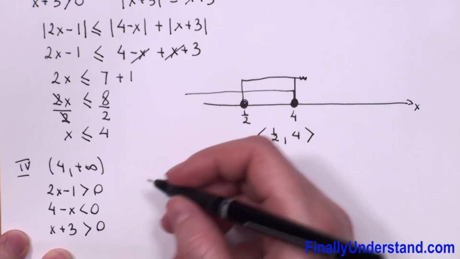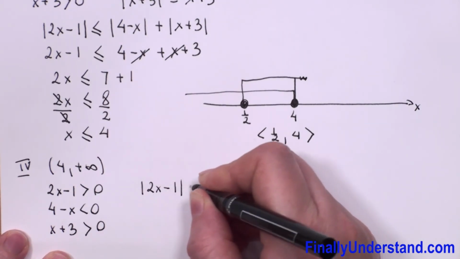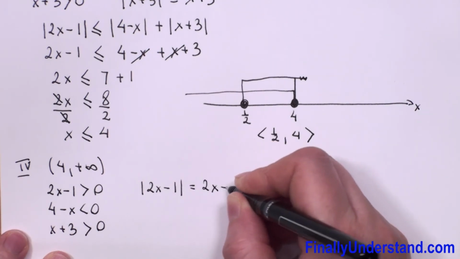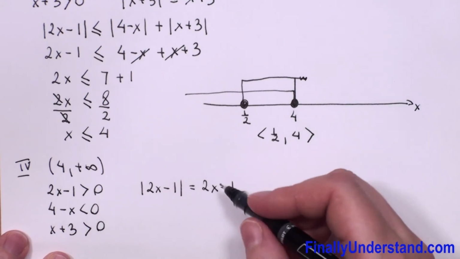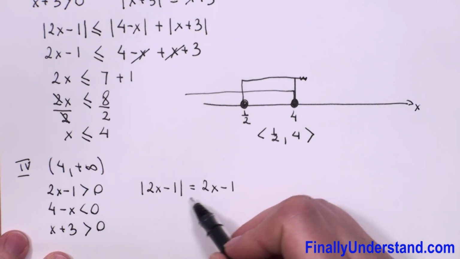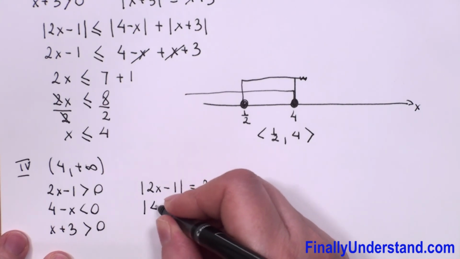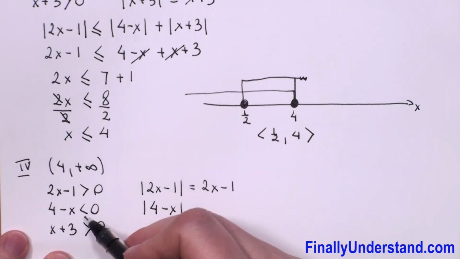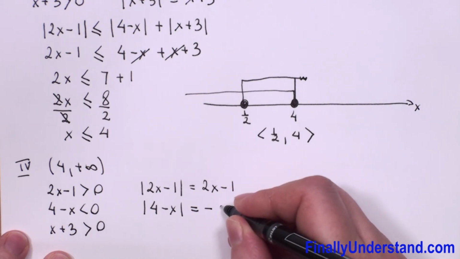So now we have absolute value of 2x minus 1 will be 2x minus 1. Because 2x minus 1 is positive, it means we have to just rewrite whatever is between absolute value bars. For absolute value of 4 minus x, because we have value less than 0, it means we have to put negative sign.